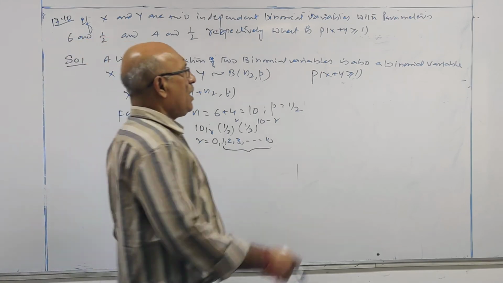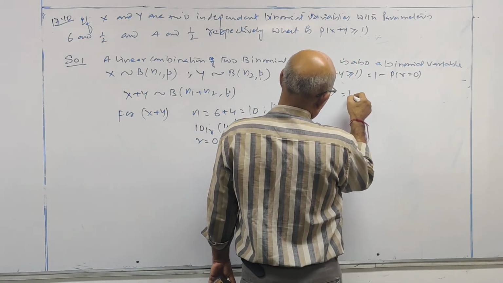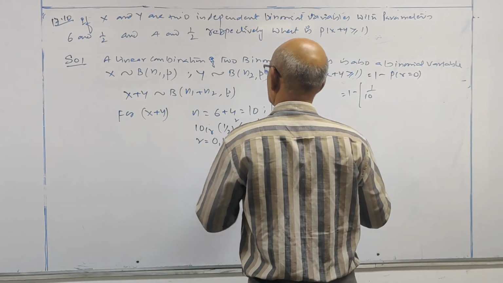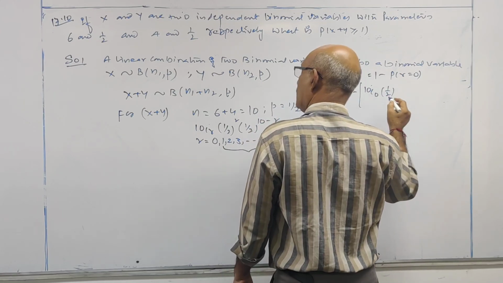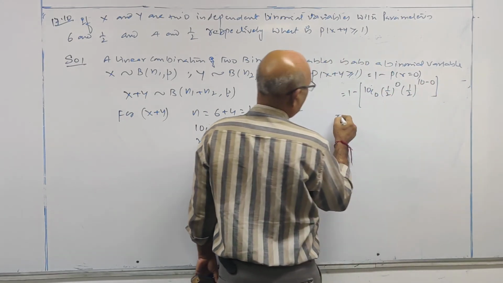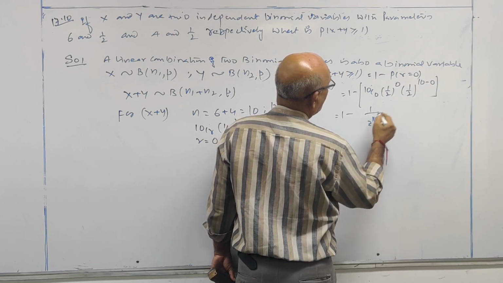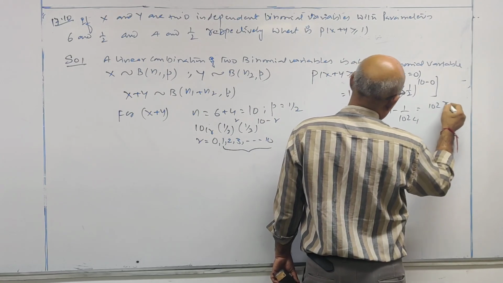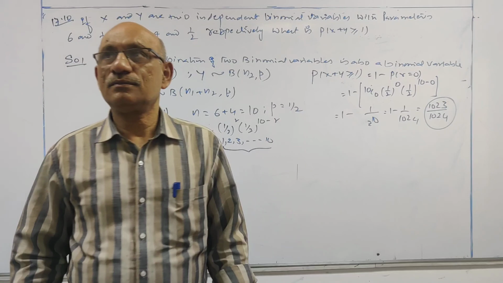For this, what will I do, sir? 1 minus nC0, 1 by 2 to the power of 0, 1 by 2 to the power 10 minus 0. 1 minus 1 by 2 to the power of 10, 1 minus 1 by 1024. So this is 1023 by 1024. This is the answer.